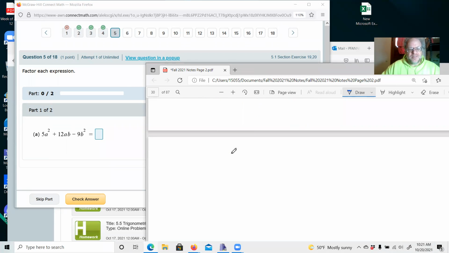All right, this one, guess what kind of problems I like to give you. This is 5a squared plus 12ab minus 9b squared. AC method. First number times last number is negative 45. Can you think of two numbers whose difference is 12, but that multiply to 45? What is 45? 5 times 3 times 3.